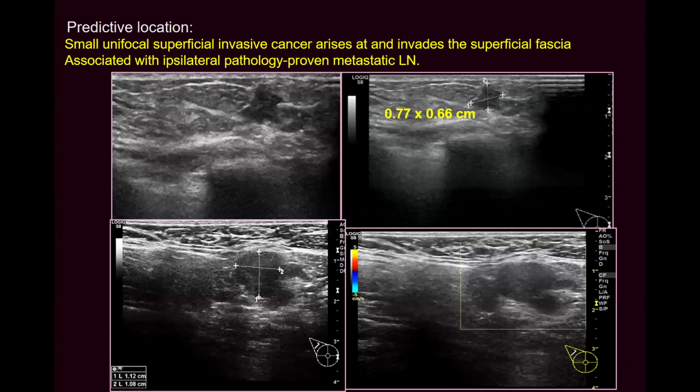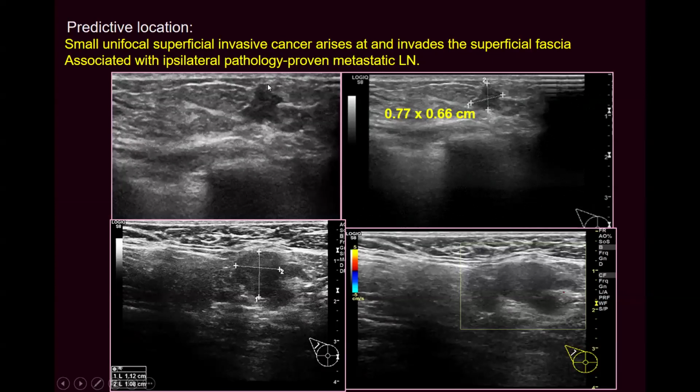This is my patient. You see, look for the primary lesion: it is a unifocal sub-centimeter lesion, but in a predictive location. Arising and infiltrating the superficial layer of the superficial fascia. Can you see it here in the zoom view?